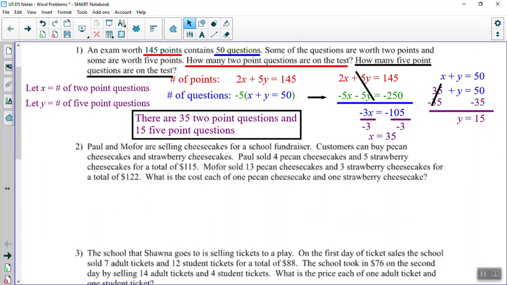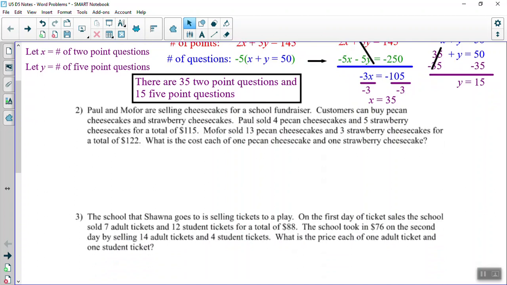All right. So now let's go ahead and do number 2. So same thing. We start by reading the whole problem. Then we go back and we read the question to help us identify or define our variables. Then we go back and we read so we can set up our equations. Paul and Mofor are selling cheesecakes for a school fundraiser.